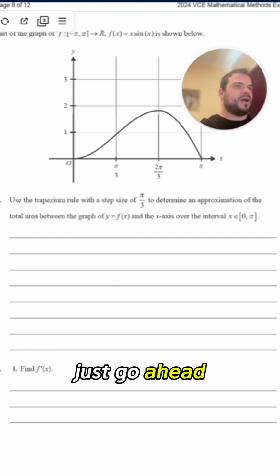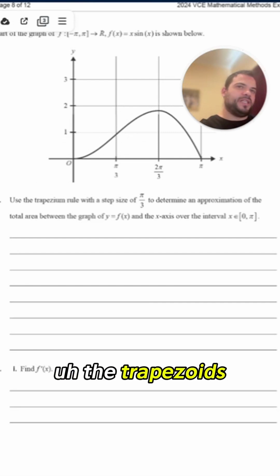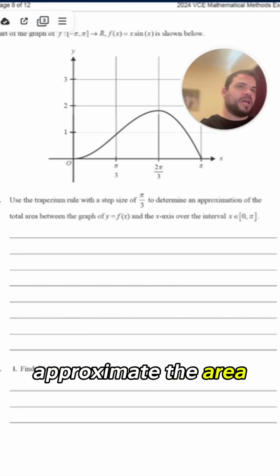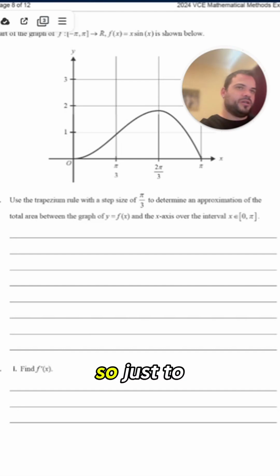So let's just go ahead and sketch on the graph the trapeziums that we're going to use to approximate the area underneath the graph. Just to be clear, the area that we want is the total area between the graph and the x-axis over the interval 0 to pi.